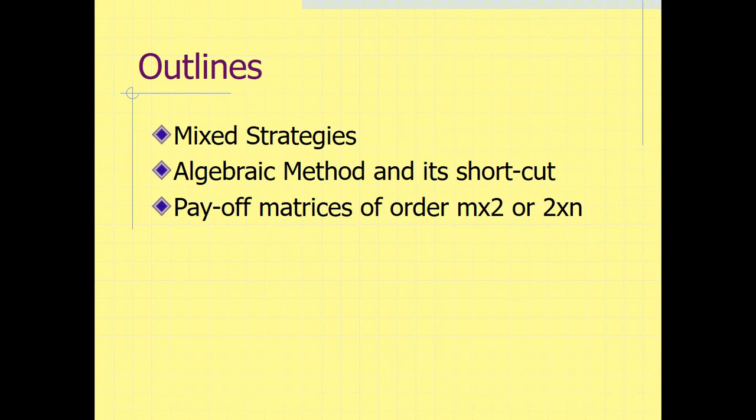In other words, the player adopts a certain strategy for some time and then shifts over to another strategy and then after some time to a third strategy and so on, so that the average payoff over a large number of plays of the game becomes optimum, that is maximum for the maximizing player and minimum for the minimizing player.